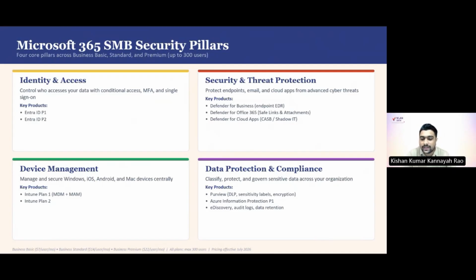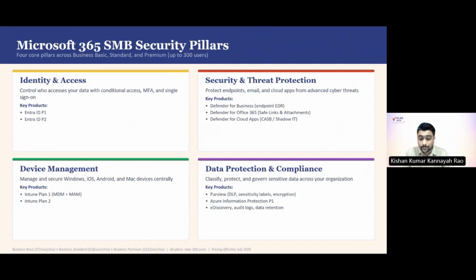If you go above 300, you automatically fall under the enterprise level, and based on the Microsoft licensing agreement, you should go for the enterprise licenses, not the SMB level anymore. So, coming back to our security pillars, I usually divide security into 4 pillars.